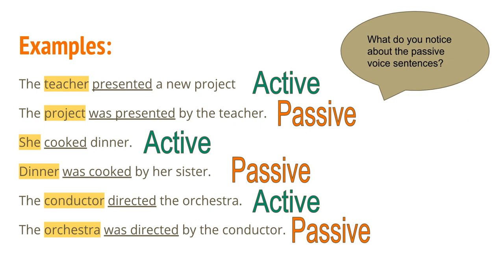You should note that your passive voice sentences are frequently using a phrase that starts with the word by, and they also use a past participle construction that involves a be verb: was presented, was cooked, was directed. This is not a perfect tense because it's using the be verbs and not have, has, or had. However, it is still past participle and it's forming passive.